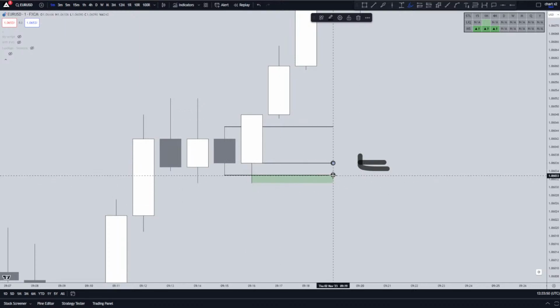So first stage, bang, we took the low, we failed to push lower, we create a peak formation. Second stage, open price holds.